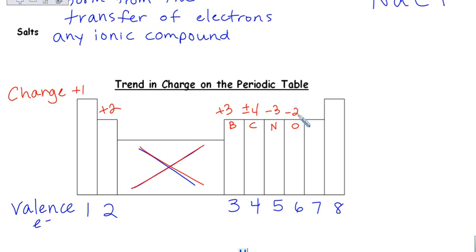All the halogens, fluorine, chlorine, bromine, they will all go -1. They already have 7. They just need one more for 8. And the noble gases, no charge. They don't form bonds. They don't need to. They already have full outer shells. If this makes sense, this trend with valence electrons, and then how we can predict the trend with charge, you are in a very good place for the rest of this chapter.